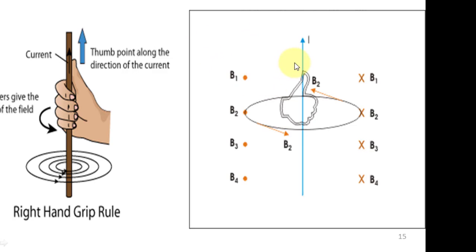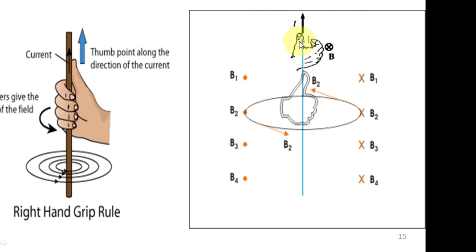Let's take a look at this diagram to explain more clearly what happens when you curl your fingers around the current carrying conductor. For example, the current is upward.